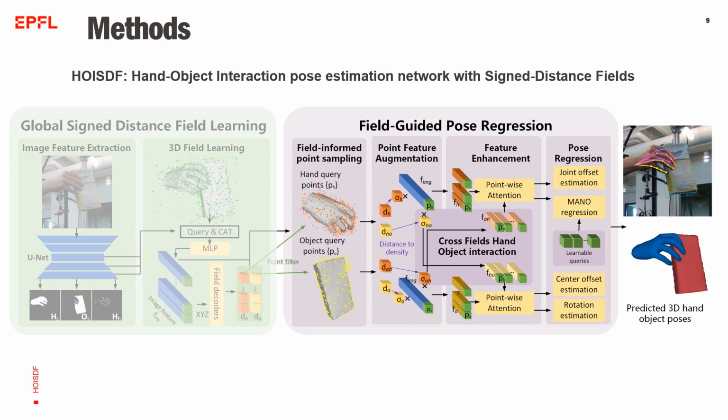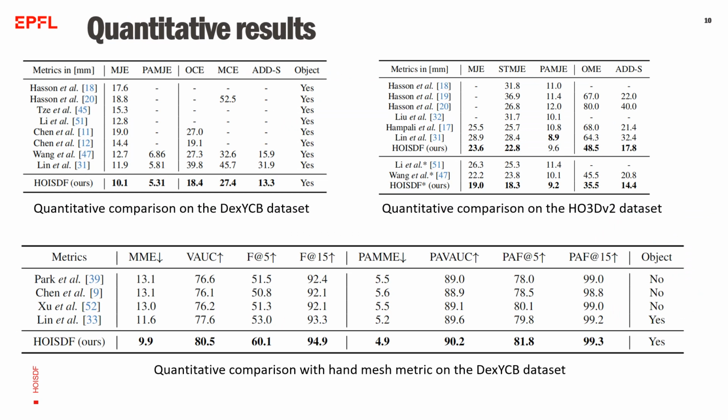To effectively leverage the dense field information, our field-guided pose regression module uses the learned field information to sample informative query points, augment the image features for those points, gather cross-target cues to reduce the influence of mutual occlusion, and combine the point features together to estimate the hand and object poses. Overall, HOISDF can be trained in an end-to-end manner.